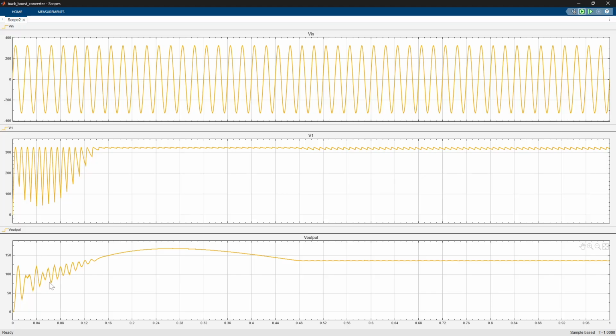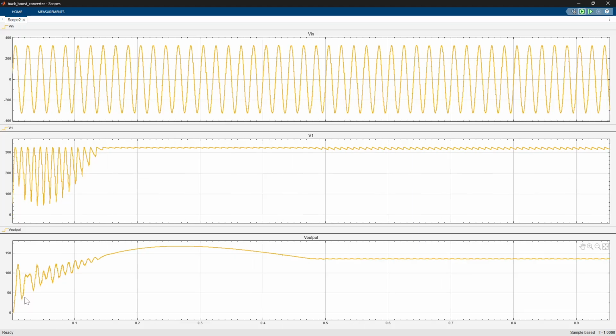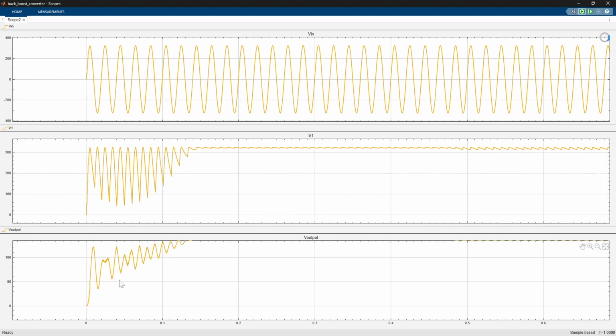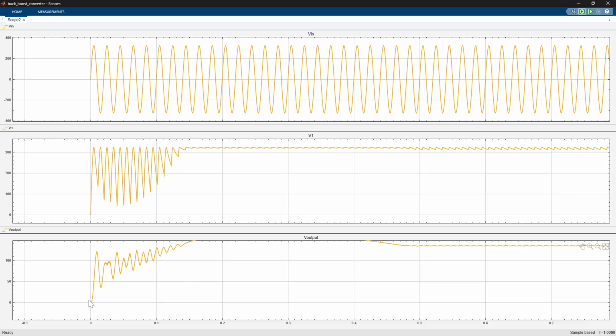Why does this happen? At the startup, inductor current starts from 0. Then the output capacitor is initially uncharged. The PWM suddenly applies chopped high DC voltage, and this causes the LC resonance, inductor plus capacitor.